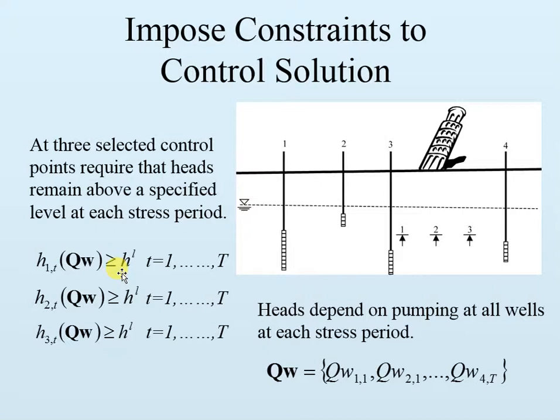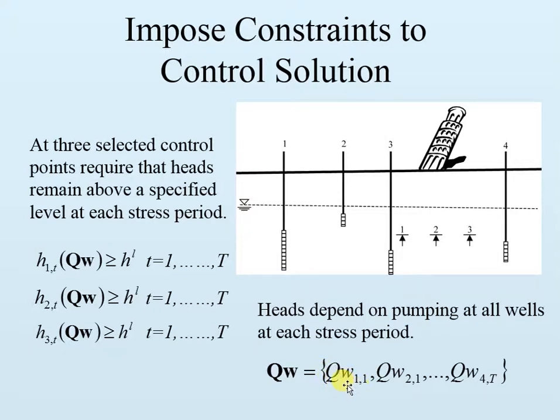Those are our constraints. Now, what's a little different about this problem is that it is transient, so now we have T stress periods, and that applies both to the constraints, which are imposed in each stress period, and also to the decision variables, where I have the potential for a different pumping rate in each stress period.